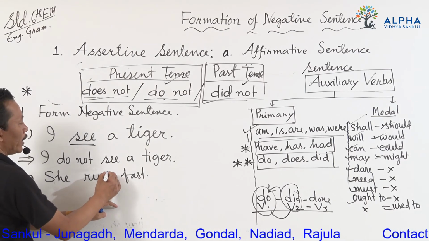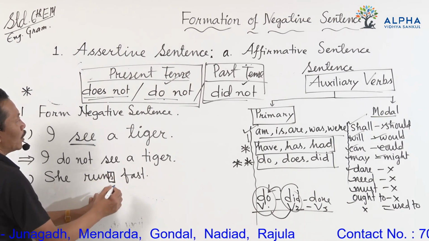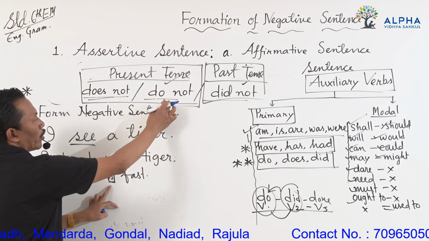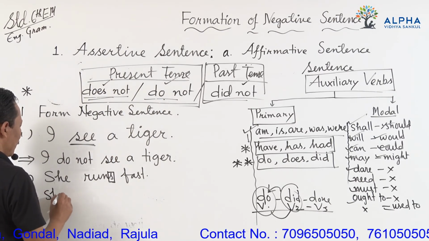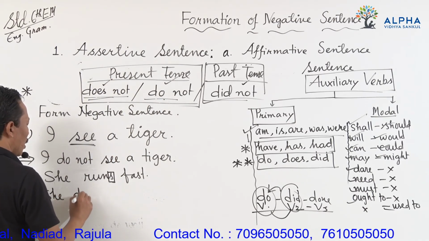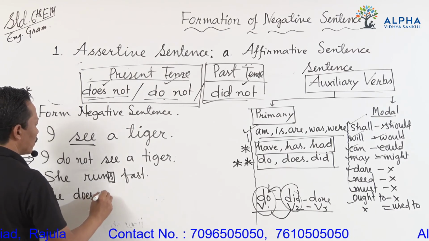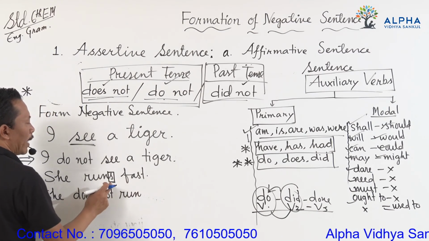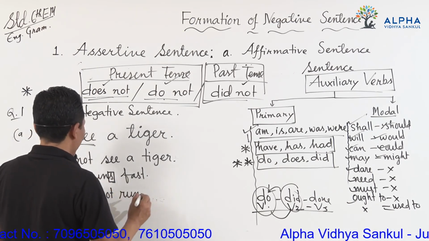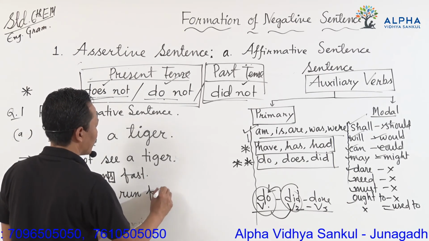That is why here it is ending with s. That is why we have to select does not. Here, she does not run, and this s will be removed. She does not run fast.